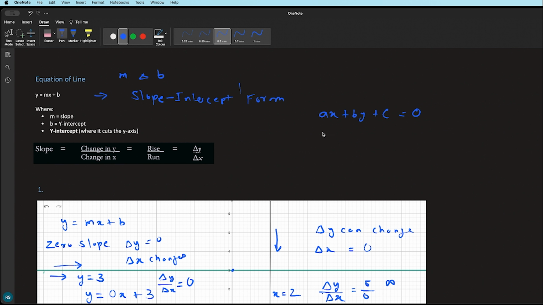I am writing this slope intercept equation, y equal to 3. Now let me convert it into the normal equation. I can write it as 0x plus y minus 3 equal to 0. This can be converted back into the slope intercept form, but this is the normal equation of the line in 2D space.